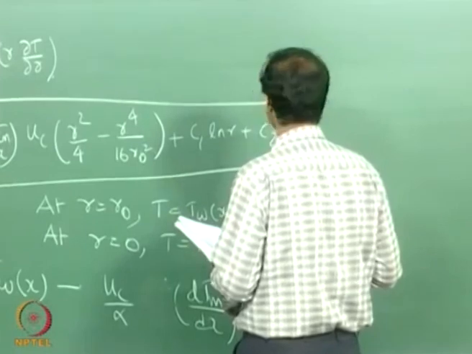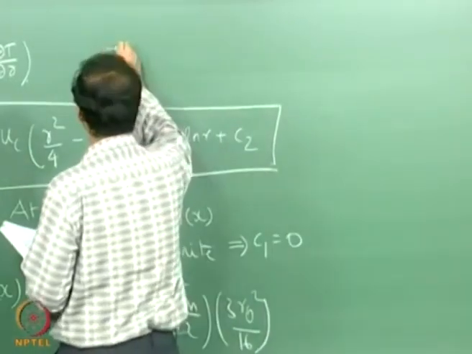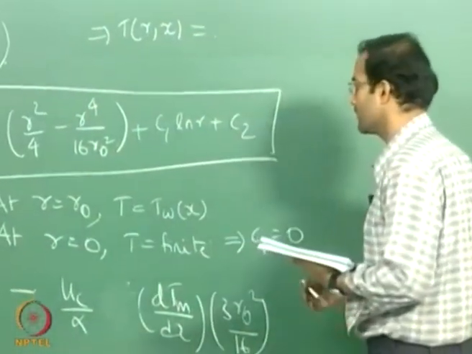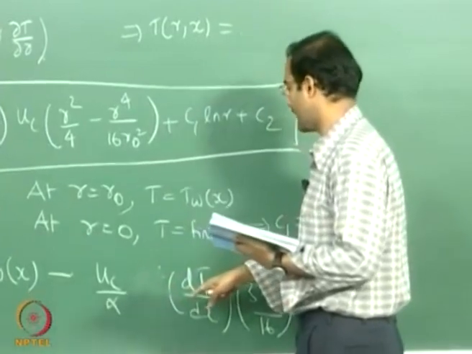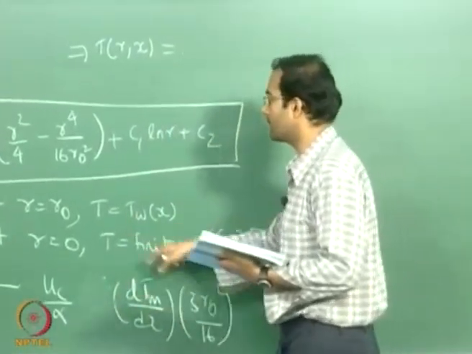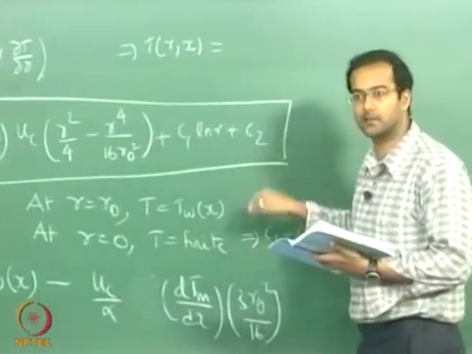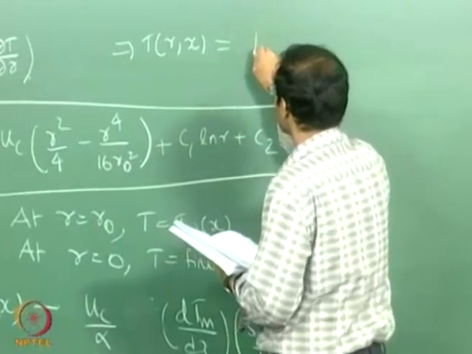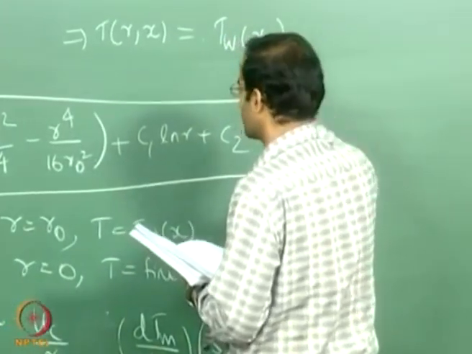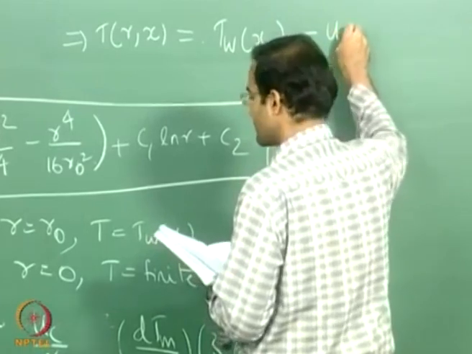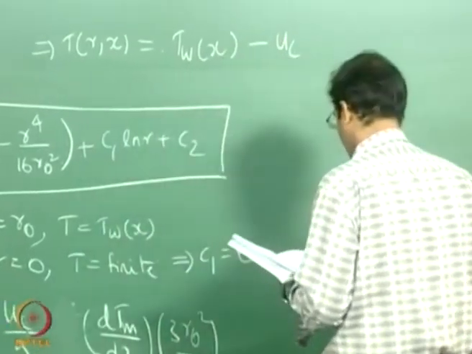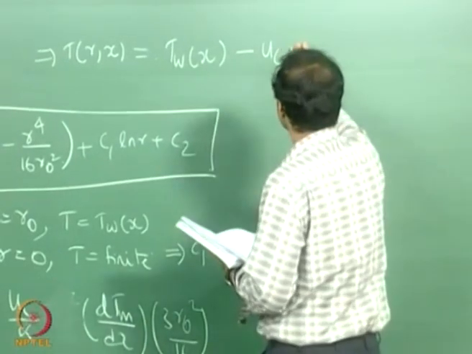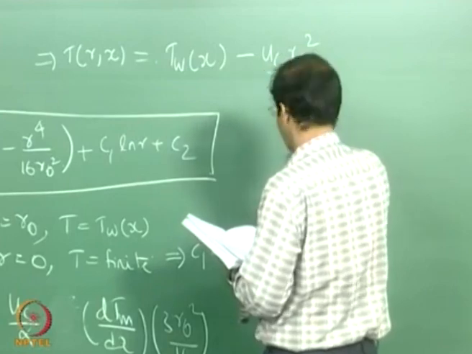If C1 is anyway 0, so therefore T of r comma x, so you can substitute for C2 and you see Uc by alpha dTm by dx. So this is a common term here and here, so that can be just taken out as a common term. So of course you have your T wall of x, which can be written as this minus Uc into, we can also pull out r naught square as common by alpha.